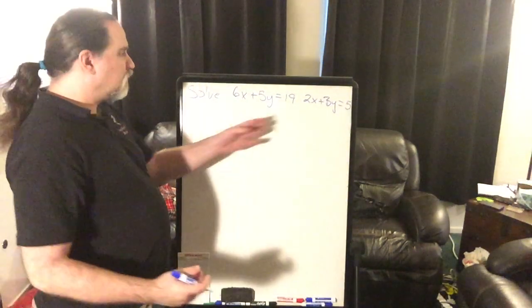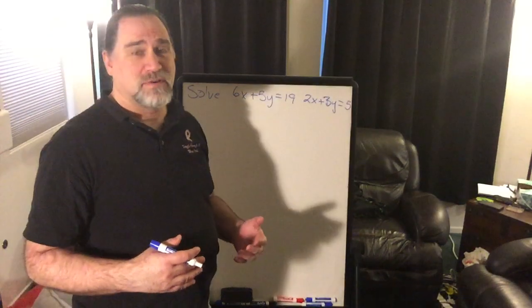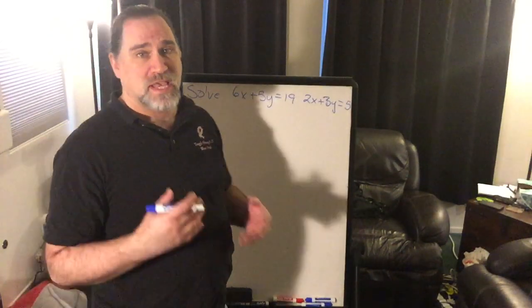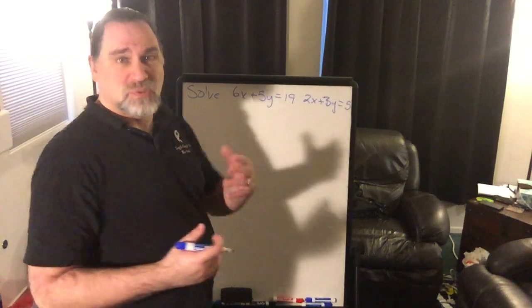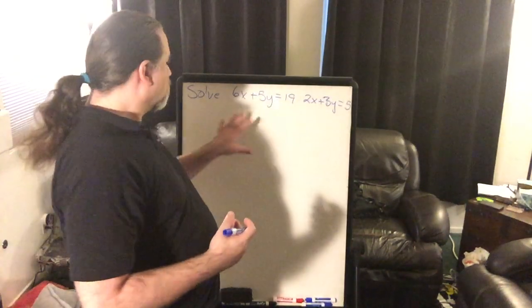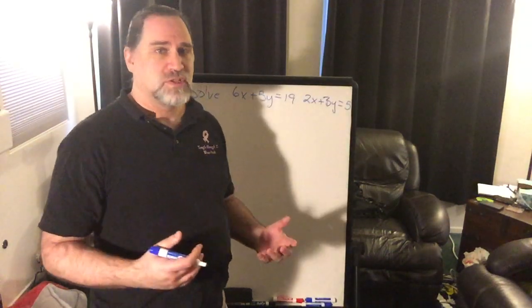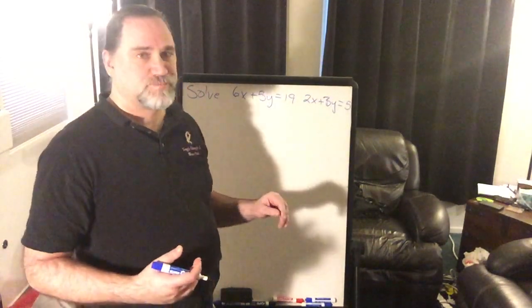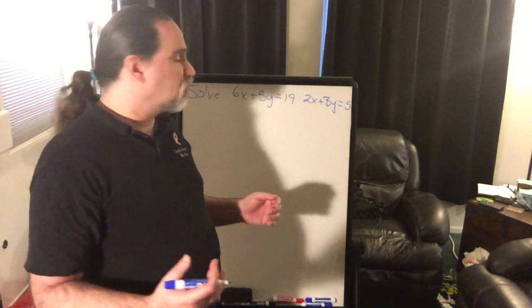And as you can see, they're already in the same format, so that at least saves me the step of having to rewrite them in the same format, line them up, remember arranging them in columns. We'll see one like that in just a moment. All I have to worry about is that they don't have the same coefficient. They have no coefficient in common. So I have to do something so that there is a common coefficient.